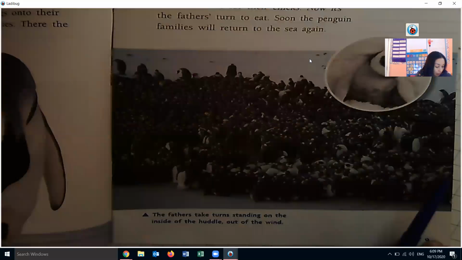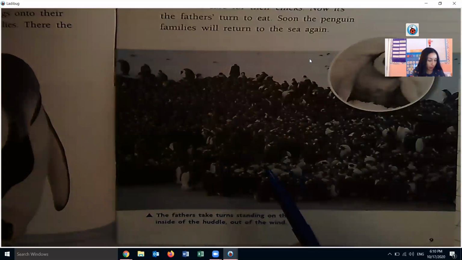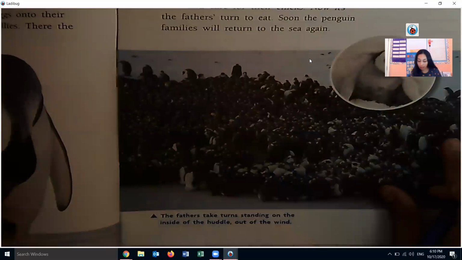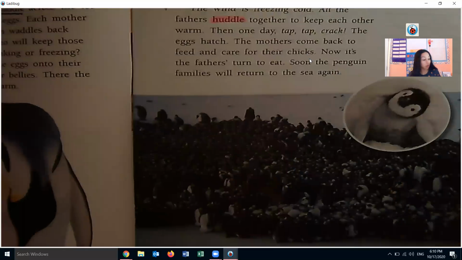At the very bottom: the fathers take turns standing on the inside of the huddle out of the wind. So they take turns who's going to get cold for a little bit, who's going to be a little warmer on the inside. Pretty cool.